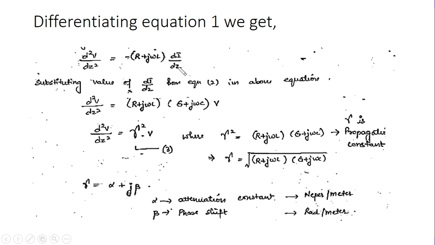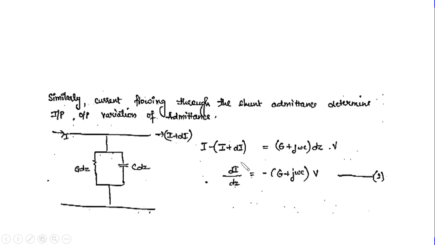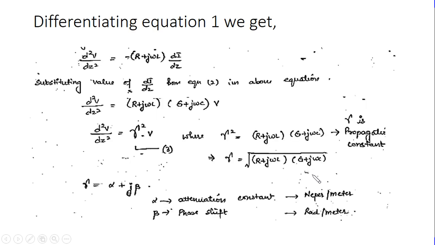Now we have equation number 2 where dI by dZ equals minus (G plus jωC) into V. Let us put this value in the above equation. In that case we will get d2V by dZ square equals (R plus jωL) into (G plus jωC) times V, since minus into minus becomes plus.